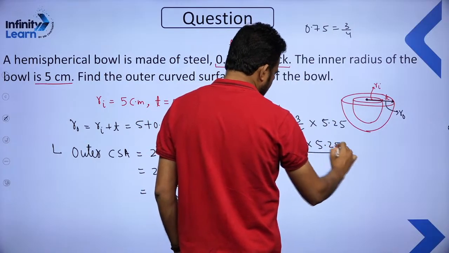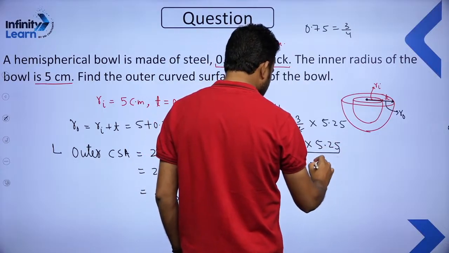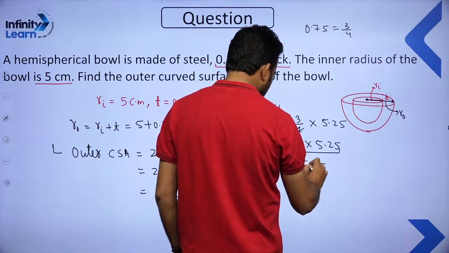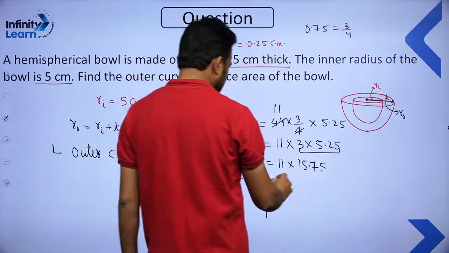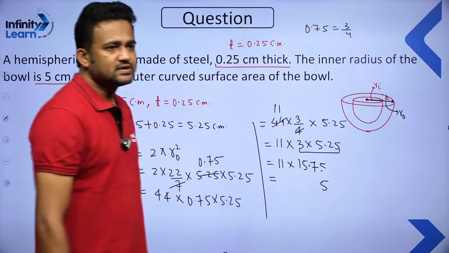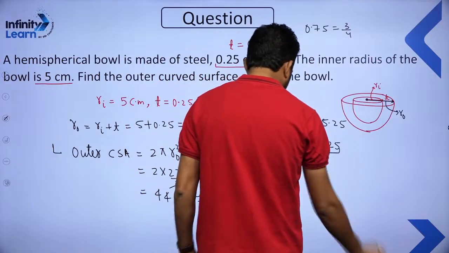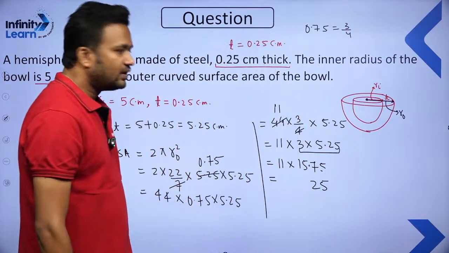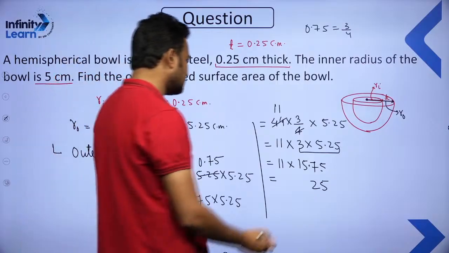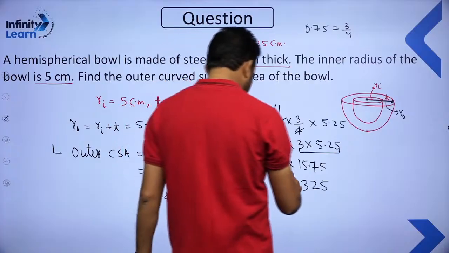Let us multiply these two first. So we'll get 11 into 3 fives are 15, 3 twos are 6 plus 1 is 7, 3 fives are 15. So 15.75. So let us multiply by 11. So 11 fives are 55, 11 sevens are 77, 77 plus 5 is 82. 8. 11 fives are 55, 8. So 55 plus 8 is 63. 6. 11 ones are 11, 11 plus 6 is 17.